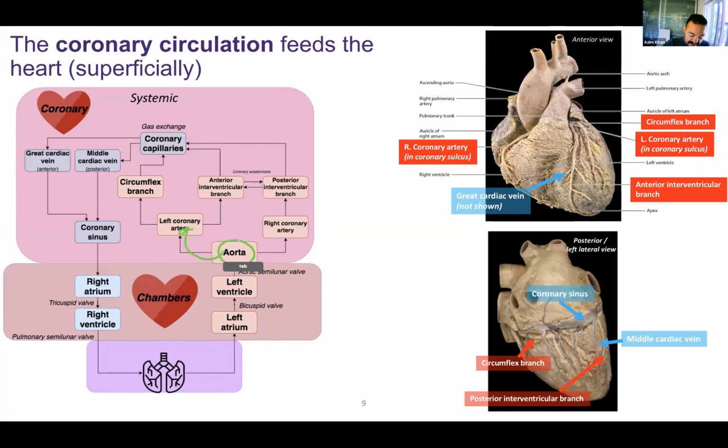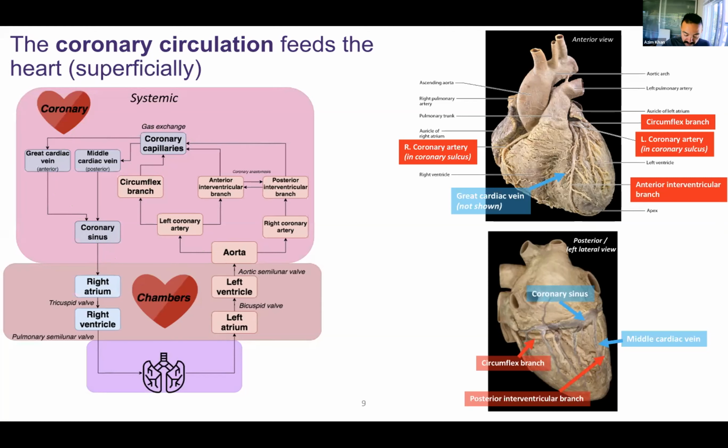If we want to stay on the anterior side, anterior interventricular branch, coronary capillaries, great cardiac vein, because that's on the anterior side, coronary sinus, right atrium. We could go left coronary artery, circumflex branch, coronary capillaries, great cardiac vein, coronary sinus, right atrium.